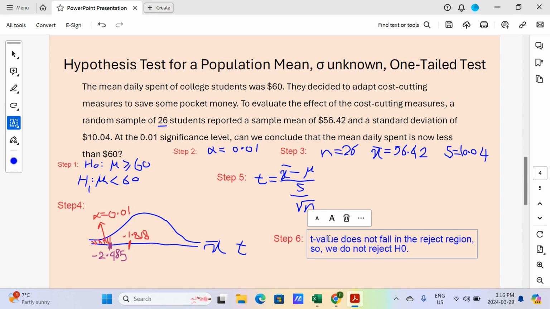H0 says mu, the population mean, is more than or equal to 60. So it means it is not shown that the cost-cutting measures reduce the mean daily spend. So it's the conclusion. It is not shown that the cost-cutting measures have made a reduction in the mean daily spend of the students.